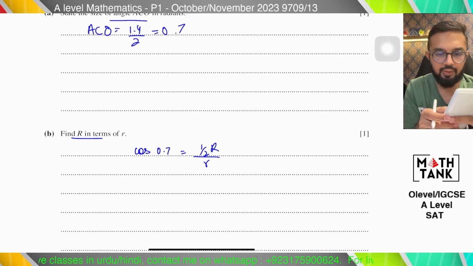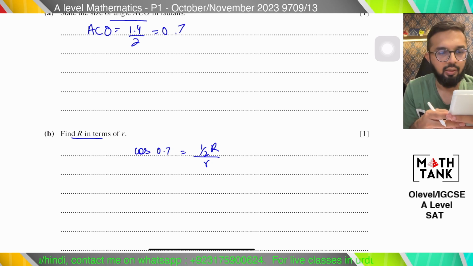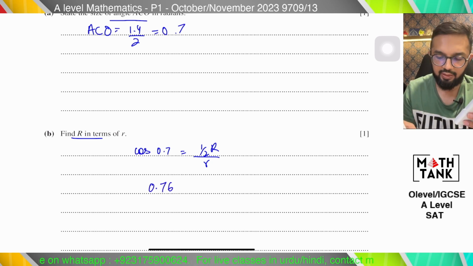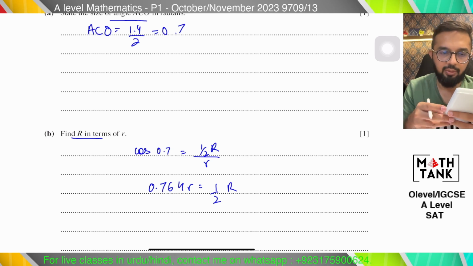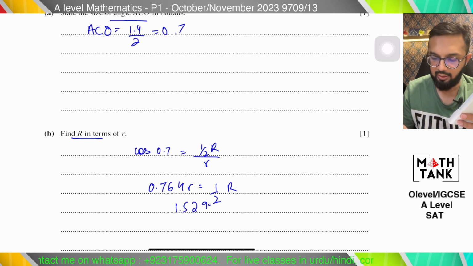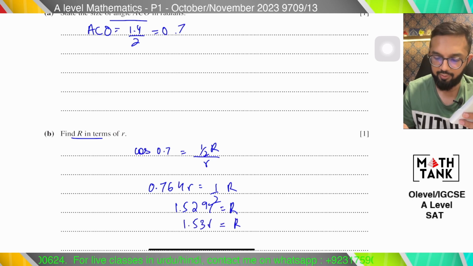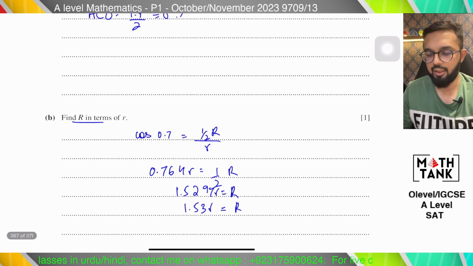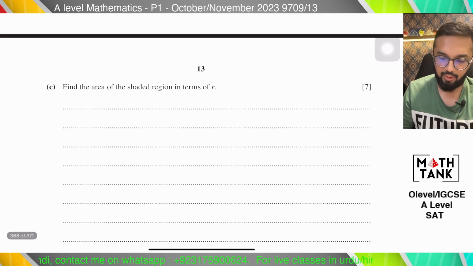Yes, it is in radians. Cos of 0.7 gives me 0.764 r equals half R. And then multiplied by 2, that gives me 1.5297. That gives me 1.53 r. So capital R equals 1.53 times small r.